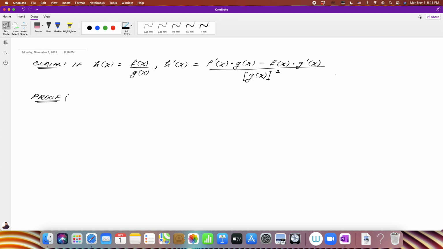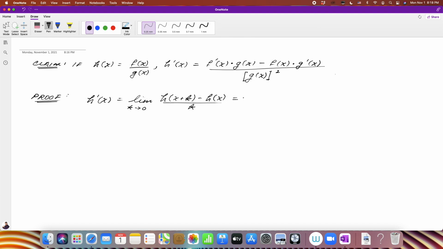So by definition, using the definition of the derivative as a limit, h prime is equal to the limit, and since we've chosen h, we're going to go with k goes to 0, of h of x plus k minus h of x all over k.